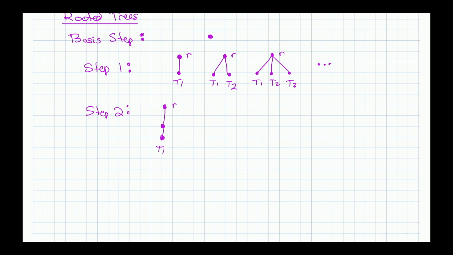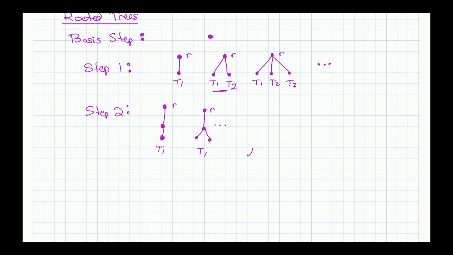Or you could have just one of these guys be your T1. That's a rooted tree. How would you make a new rooted tree? Well, you add an R and then you connect it. So like that. And so you could continue that for a long time. However, that's not the only kind of thing you could have, right?